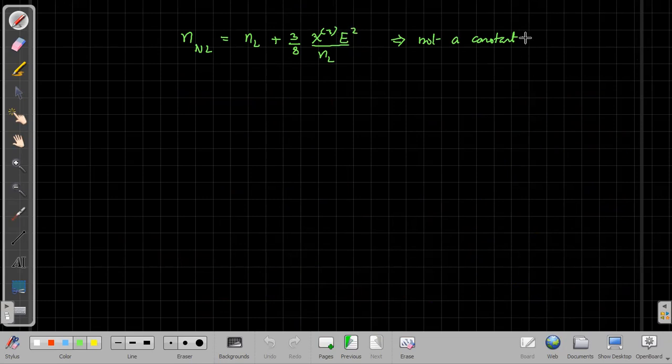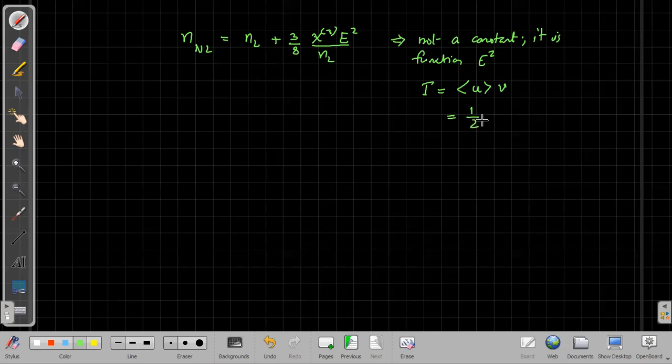It is a function of E square, depending upon the intensity. E square is related to intensity, because the intensity of light in general is the average energy density times the speed of the wave.